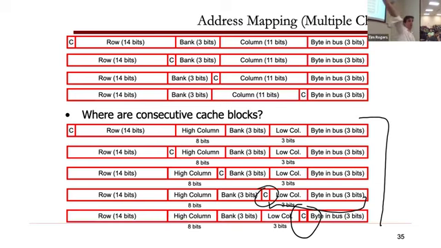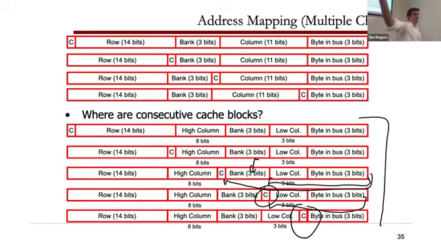So the cache blocks are going to alternate between channels, which maybe isn't a bad thing if you've got a sequential access pattern. Here cache blocks are going to be in parallel banks, right? And then eventually, once you exhaust all your banks, instead of just going to the rest of the column, you're going to go to another channel. And then you'll be accessing them out there.